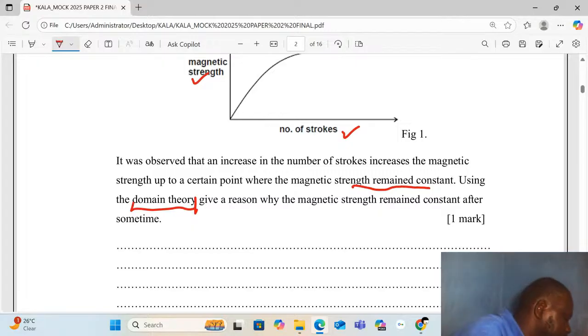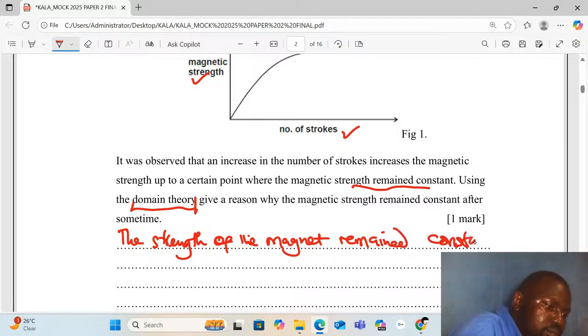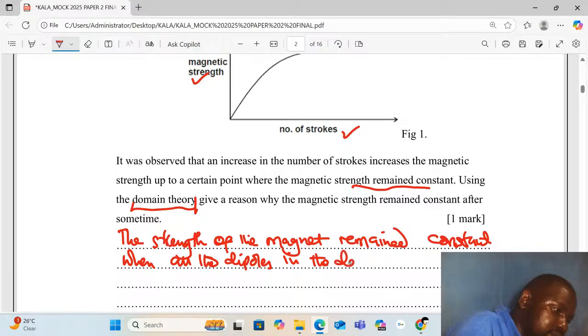Therefore, you can say that the strength of the magnet remained constant when all the dipoles in the domain align in the same direction.